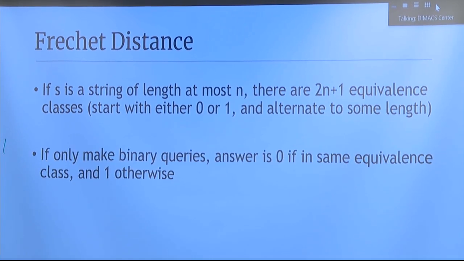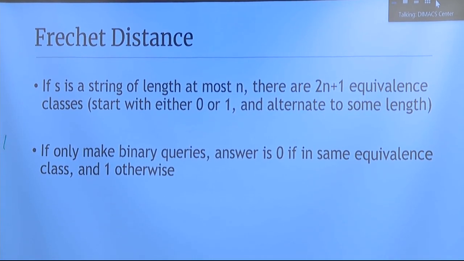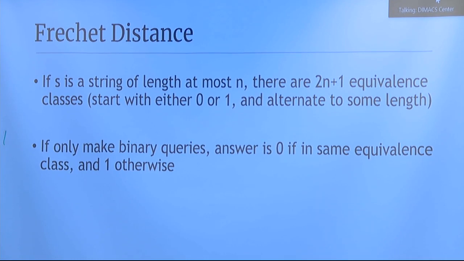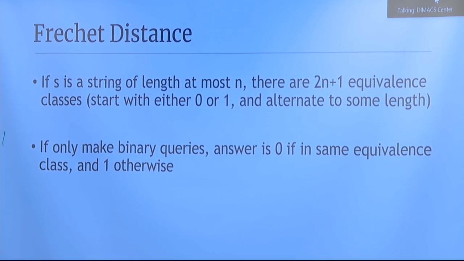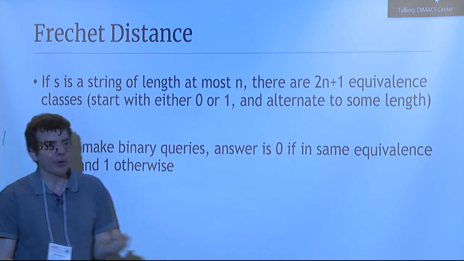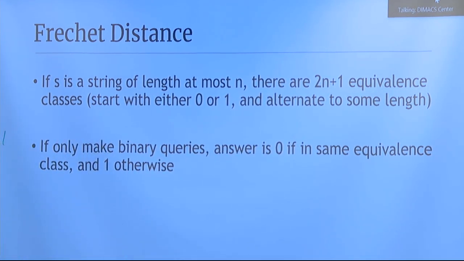And it's not hard to argue that if you only make binary queries, you're going to get an answer which is 0 if your query is in the same equivalence class as the secret, and you'll get 1 if it's not in the same equivalence class. If you have different equivalence classes, you have to cross over between 0 and 1 at some point, and that's why you'll get a 1 here.